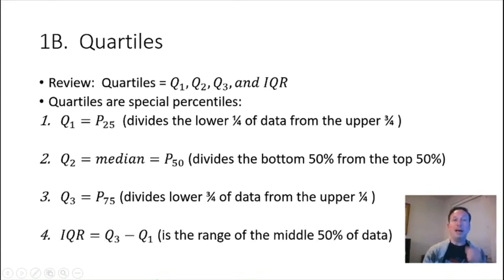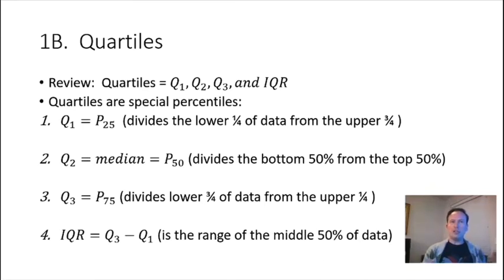And fourthly, the IQR. Since you are subtracting Q1 from Q3, which are percentiles, the interpretation of the IQR is, of course, the difference of Q3 and Q1. When you subtract two numbers, you find their difference, but we also call that difference the range. So Q3 minus Q1 is the range of the middle 50% of the data.